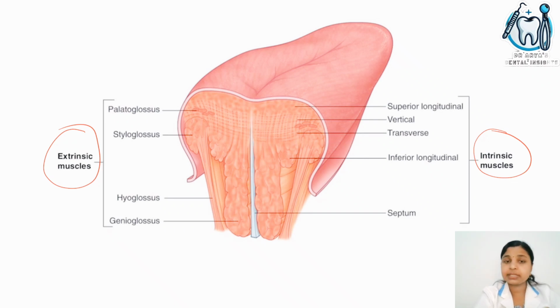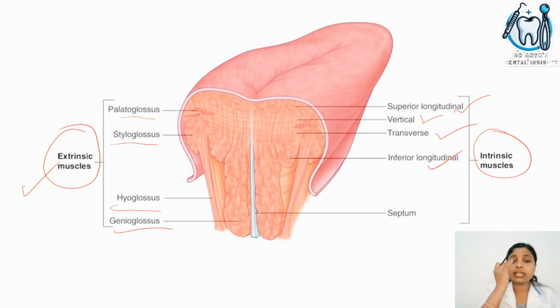The extrinsic muscles are palatoglossus, styloglossus, hyoglossus and genioglossus. The intrinsic muscles are superior longitudinal, vertical, transverse and inferior longitudinal, that is two longitudinal muscles, one vertical muscle and one transverse muscle.